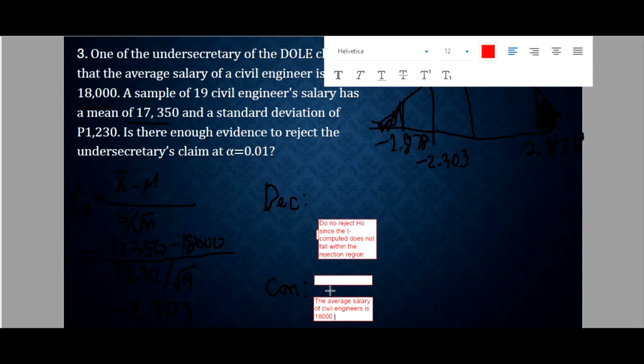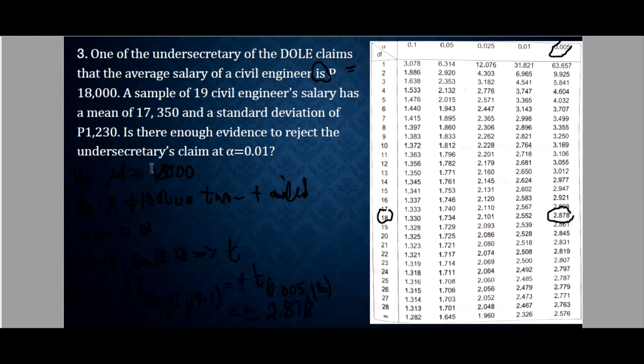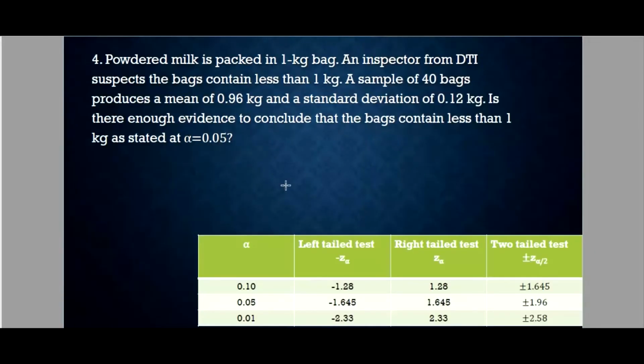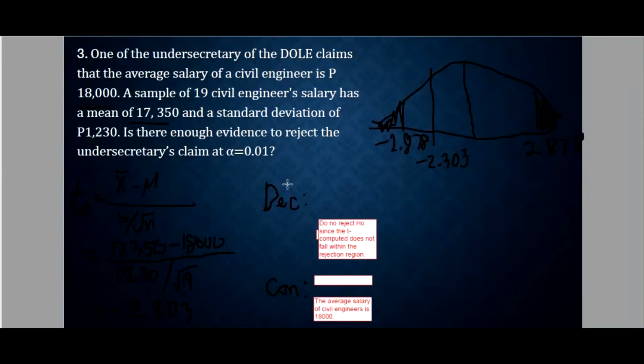Since H0 is not rejected, we will conclude this one: the average salary is 18,000.